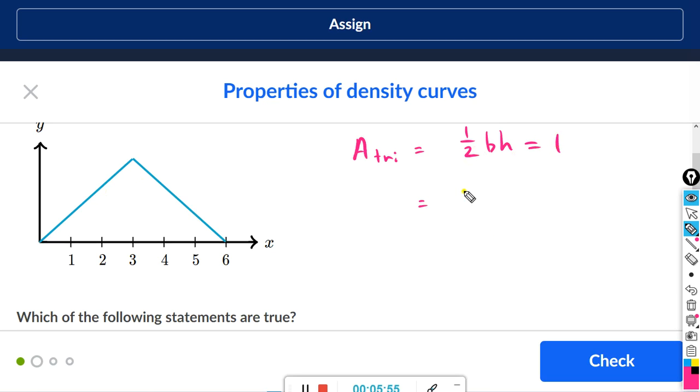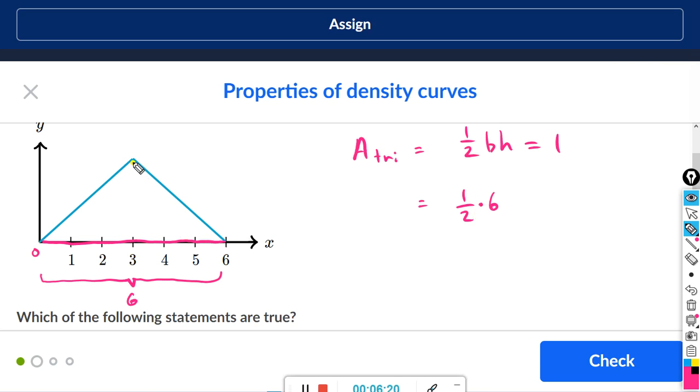So that's going to be 1/2. And for the base, it runs from 6 to 0. Okay, so obviously our base is just 6 minus 0. So the base is going to be a 6.